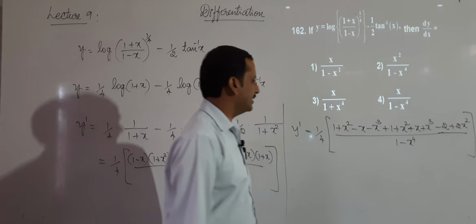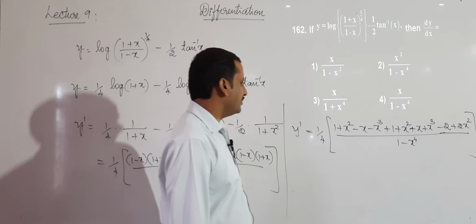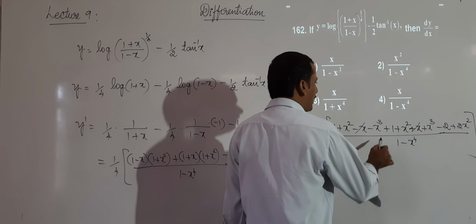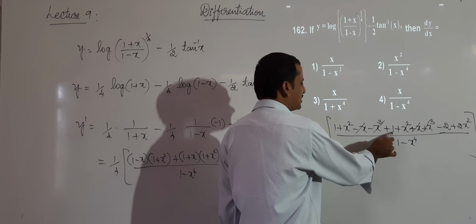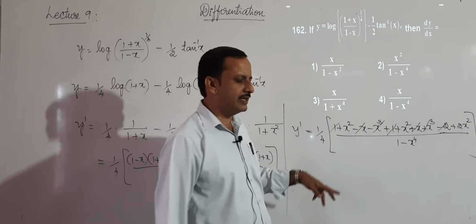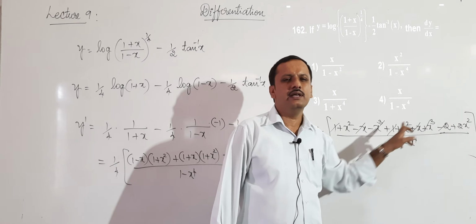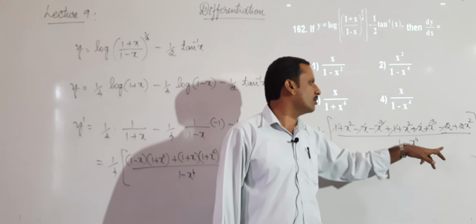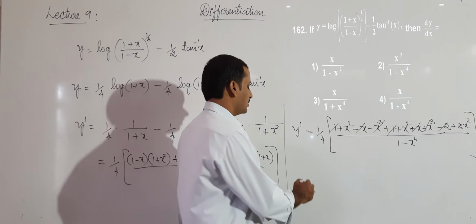See whether you can cancel it. Okay, you just observe whether you can cancel anything. Minus x plus x is cancelled. Minus x cube plus x cube is cancelled. Then 1 plus 1 is 2, that minus 2 is cancelled. We are left with x square plus x square plus 2x square. x square plus x square is 2x square, 2x square plus 2x square is 4x square.